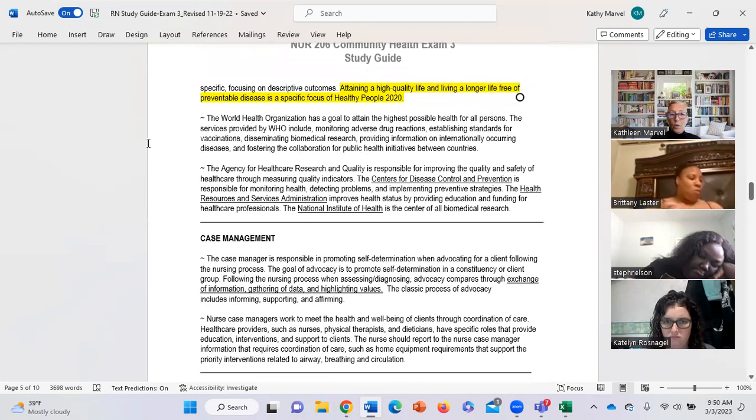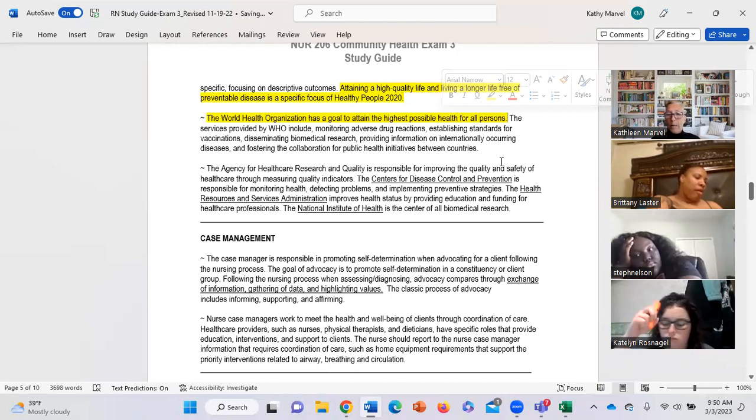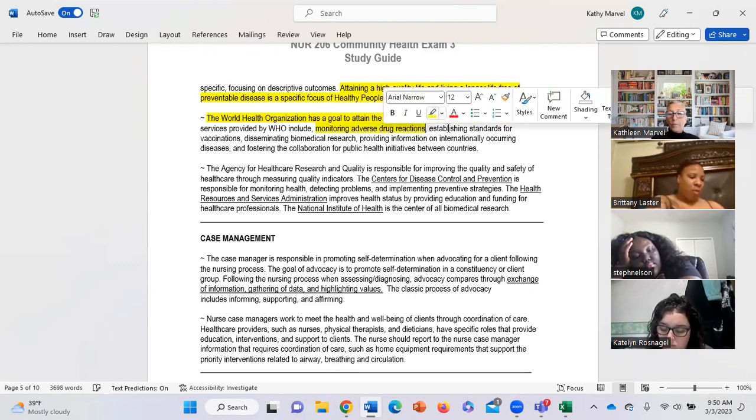You need to know about the World Health Organization. What's their primary goal? Attain the highest possible health for everybody. Okay, and here's what they do. You may get a question about what kind of services the World Health Organization provides. Well, monitoring drug reactions is one.